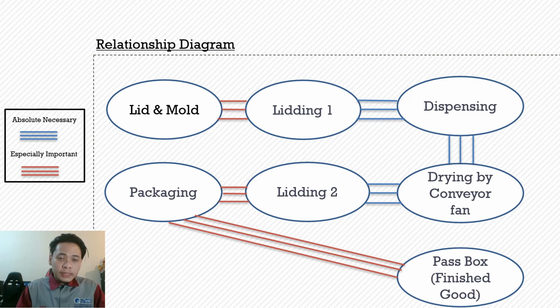Next, for the relationship diagram, the process of making other culture media is similar for all types of product. According to the relationship diagram, absolutely necessary is between labelling 1, dispensing, drying by conveyor fan, and labelling 2.